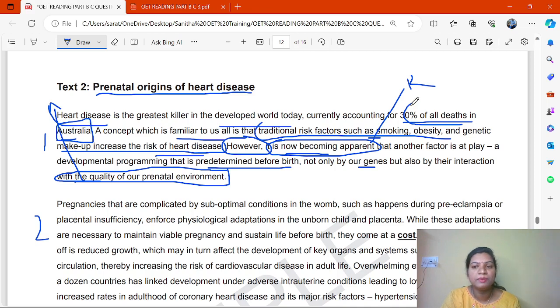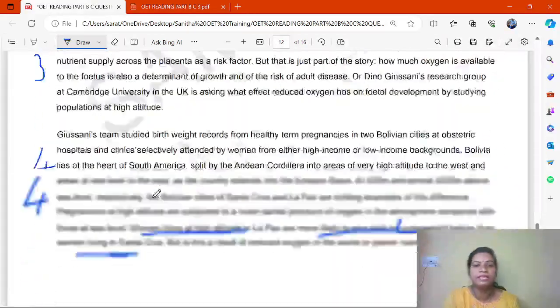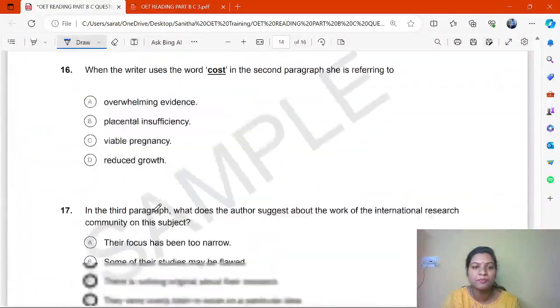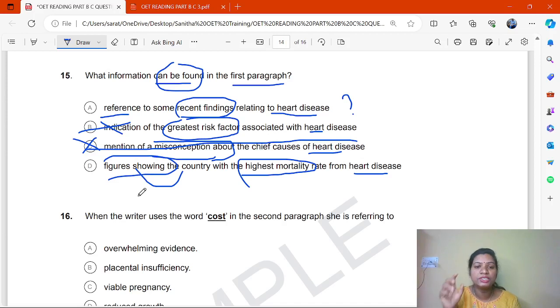Here it is given some figure, that is 30 percent of all deaths in Australia, but the option says figures showing the country, generally talking about the country. If it were given Australia we could choose this answer, but they have given the country, so it is not mentioned.